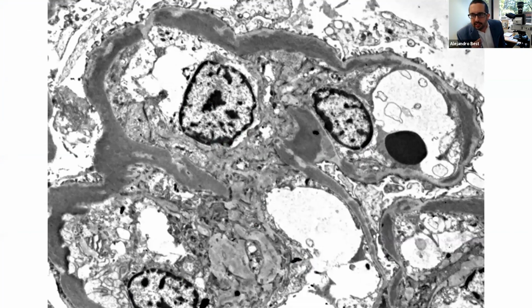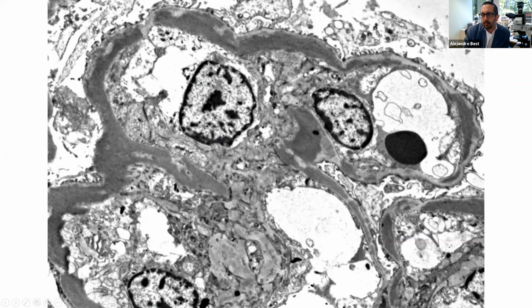But when we get to the electron microscopy, it's a very different picture, right? Here, what do we have? We have almost complete replacement or transformation of the basement membranes, electron dense transformation of the basement membranes that are segmental, and they start thin and then they get thicker and it expands the basement membrane.